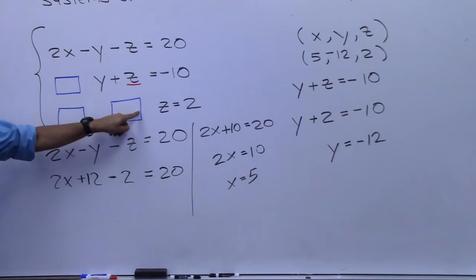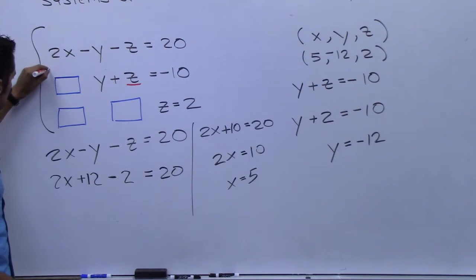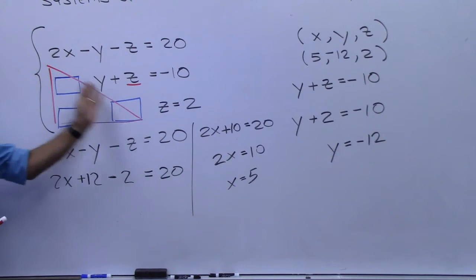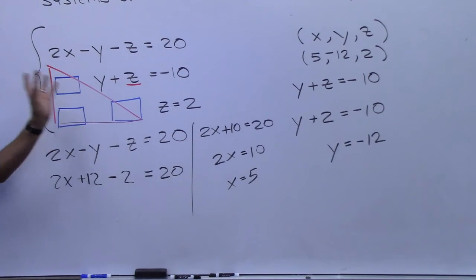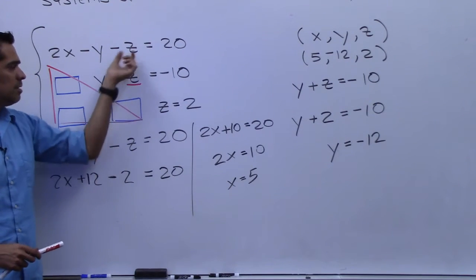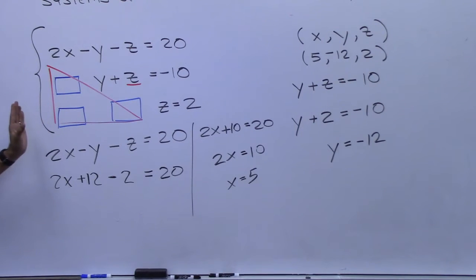But I want you to see that it's almost like a little triangle in here. We've almost triangulated the equations so that one of them only has one variable, the other one has two, the last one up here has three. Our goal will be to get it to this. All right?